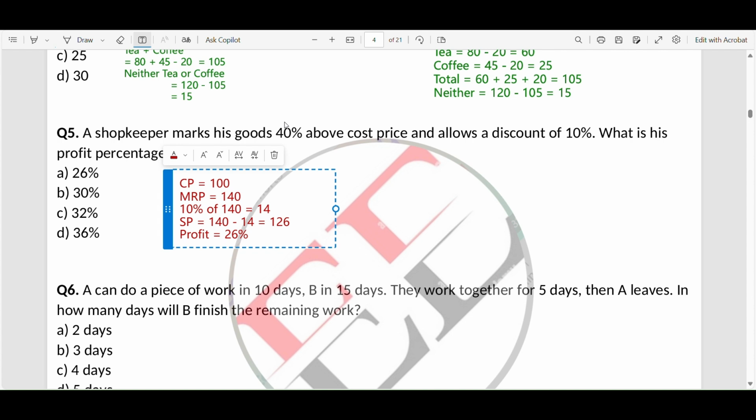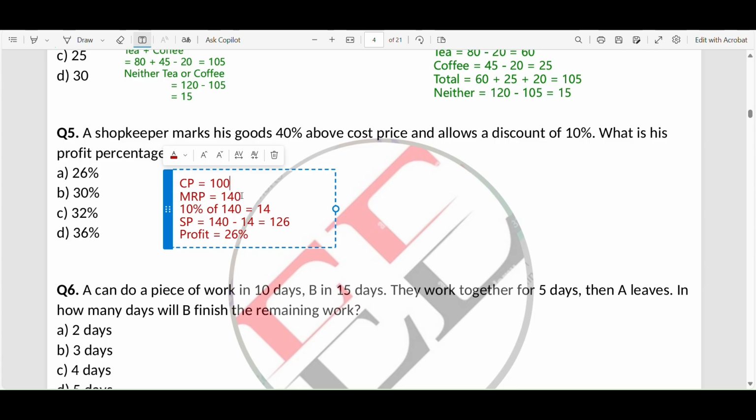On any item we will be having the MRP rate, right? So the price he marked is 40% above the cost price, means cost price plus 40% of cost price. For 100, what is 40%? It is 40, right? So the MRP would be 100 plus 40, that is 140.